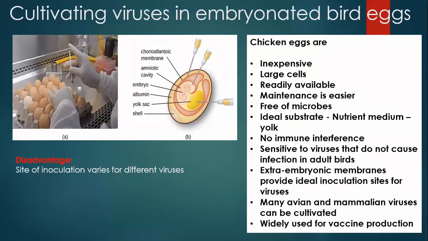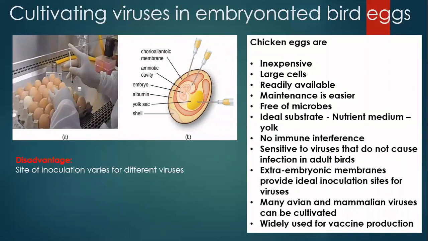The membranes are sensitive to even those viruses that do not cause infection in adult birds. And the membranes provide ideal inoculation sites. Many avian and mammalian viruses can be cultivated, and this method is widely used in vaccine production.